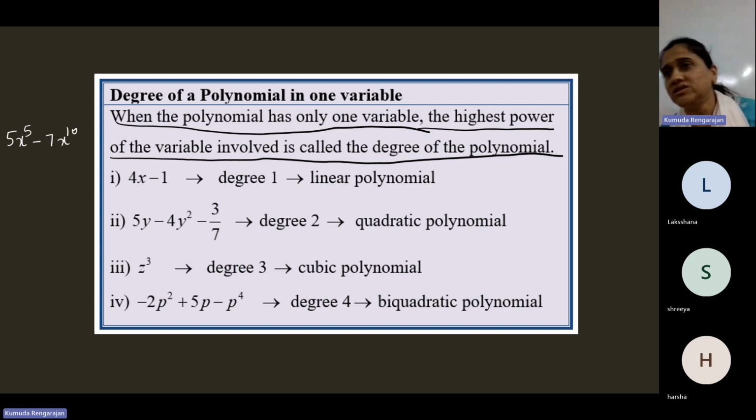In the first term, the power of x is 5, a whole number. In the second term, the power of x is 10, a whole number. So this algebraic expression is a polynomial.